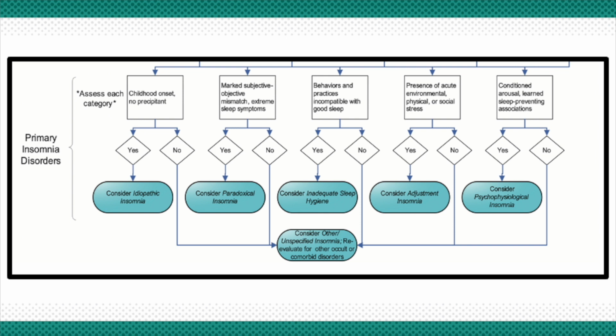So is it idiopathic insomnia where we couldn't find a cause, or is there a mismatch, where the patient perceives that he's not sleeping but he's actually sleeping? Is it because the sleep hygiene is not good and we could work on the sleep habits? Or is the patient having any other acute issue for some time that has lasted more than 3 months, and that's why he's having these issues? Or is there a strong psychosocial element?